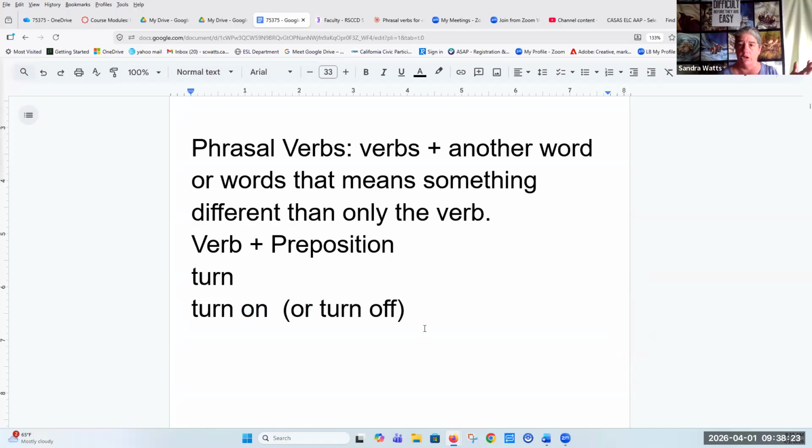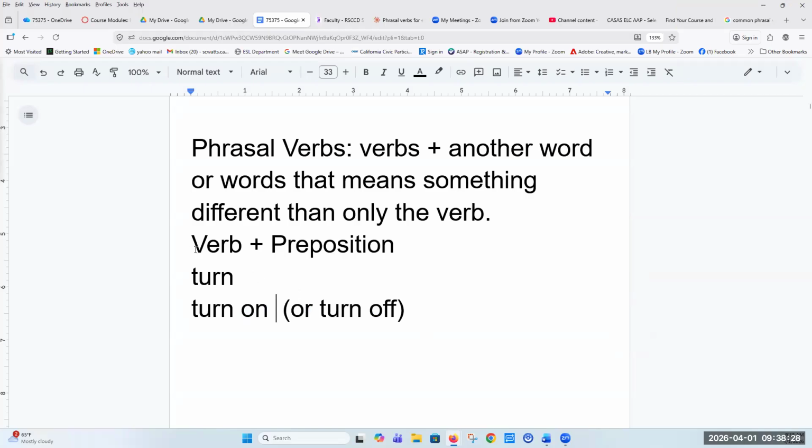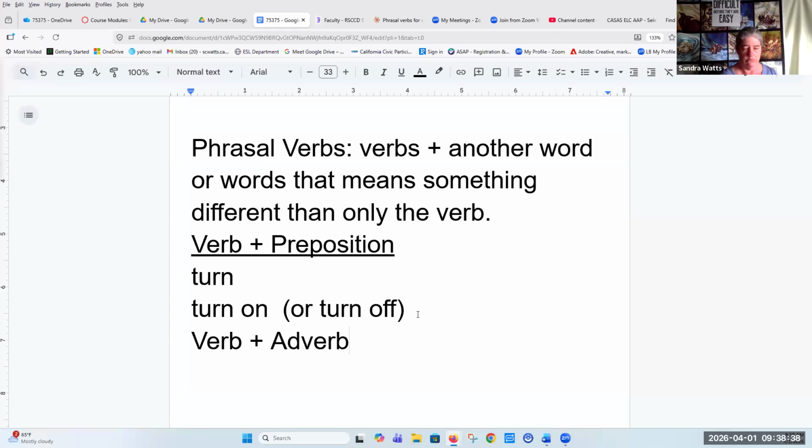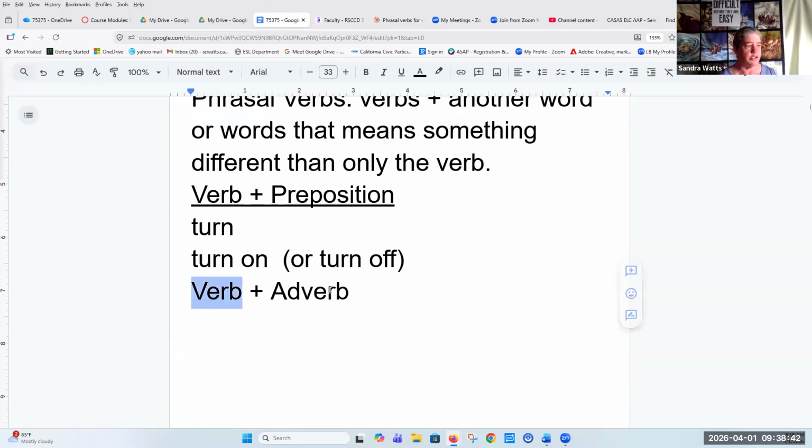Turn is not the same as turn on or turn off. The other one that's very usual is verb plus adverb. An adverb is usually like how, when, or where you do something.